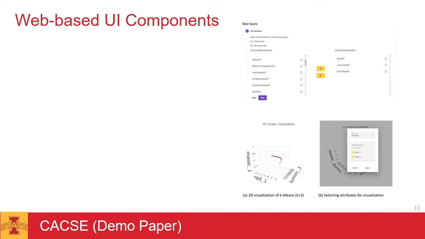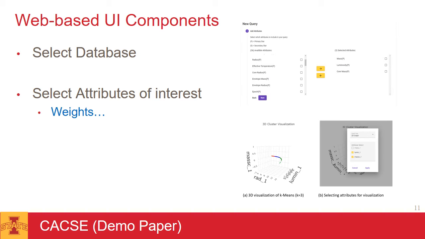Just to wrap up this discussion with respect to the web-based user interface components, they enable the user to select the database. By the way, we will see this in action soon, the actual demo. Upon selection of a database, the user can just say, these are the attributes that I'm interested in, to see their impact on the clustering, at which point he or she will also be offered the option to select different weights.